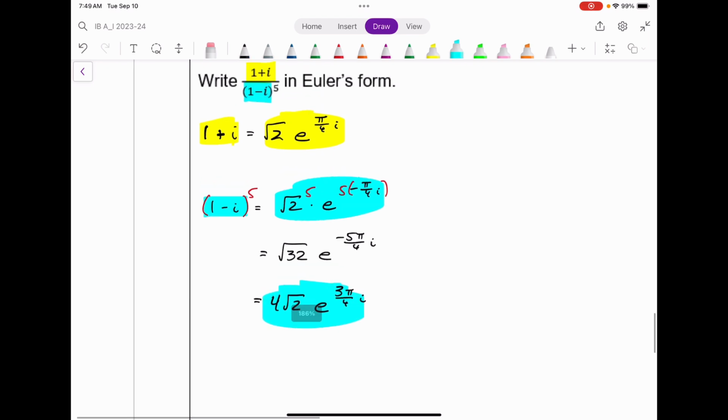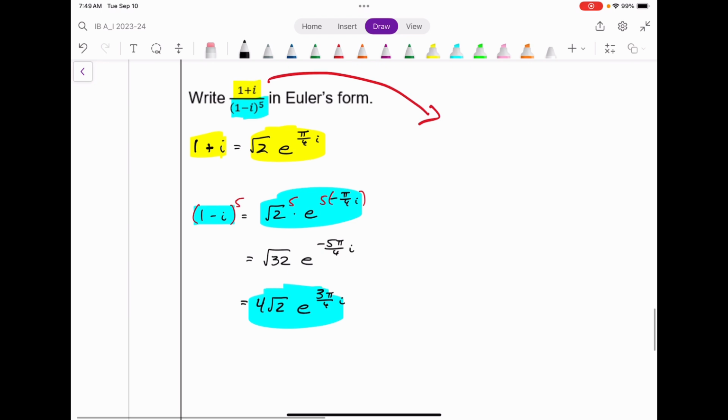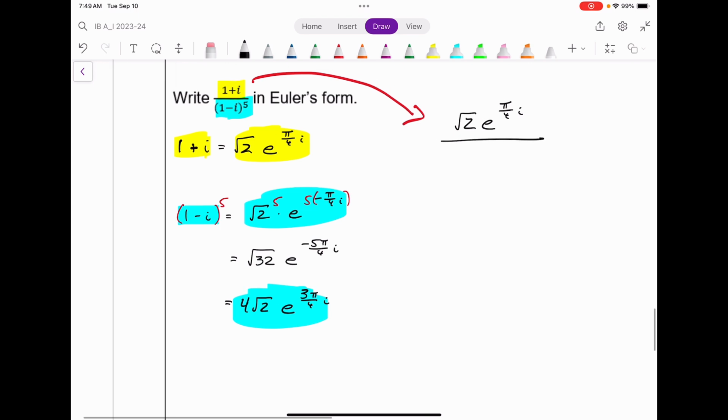And so now there is my denominator. So if I want to put this together now, I can just take my numerator again, root 2 times e to the pi over 4 i, and divide all that by what I just wrote down, 4 root 2 times e to 3 pi over 4 i.